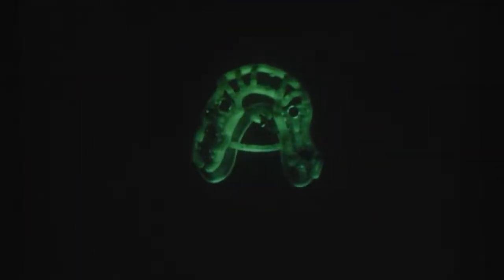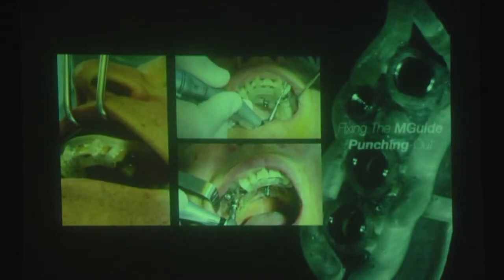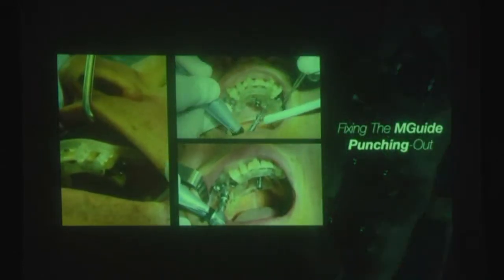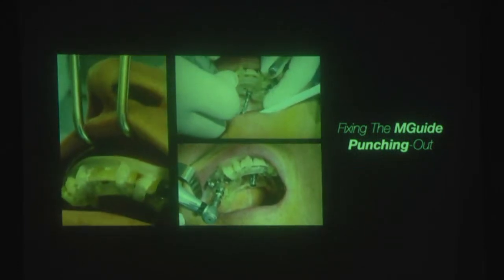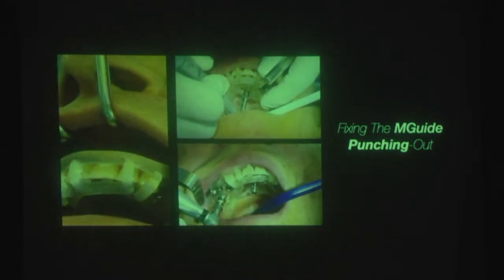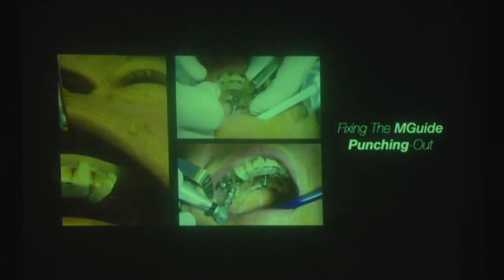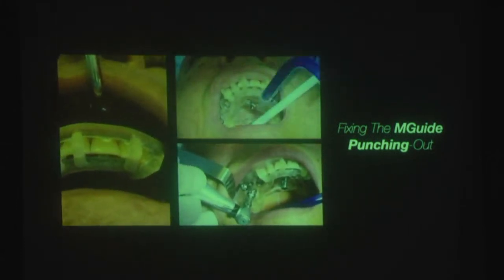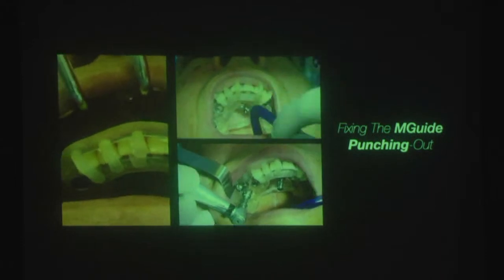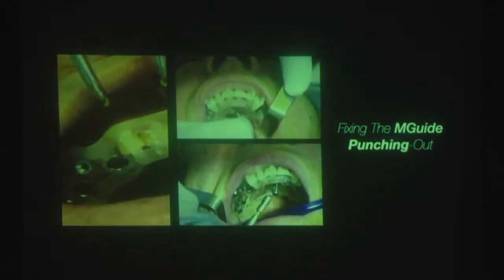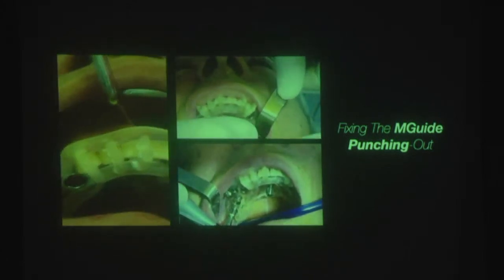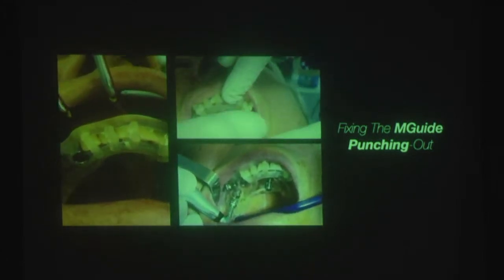And after it, we create the guide. We manufacture the industrial item. So once we place the guide on the upper jaw, the most important thing is fixing the M guide in the right way. And after it, we do the punch out, as I demonstrated 2 minutes ago.